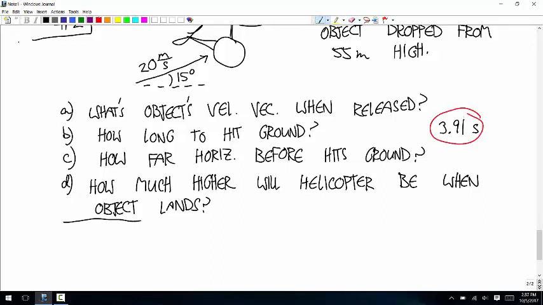And so now we're not talking about the motion of the object that's dropped anymore. We're talking about the motion of the helicopter. And the helicopter is not in free fall, hopefully. That's one of the last things you want to do as a helicopter pilot. All of helicopter school is designed to keep you from being in free fall in your helicopter.